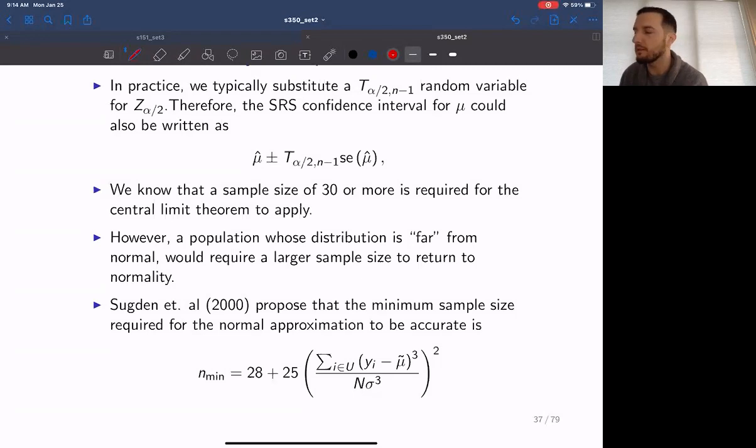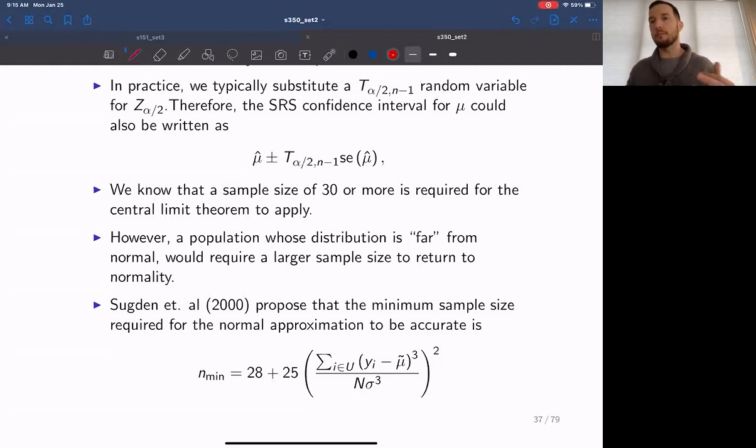Okay, so this is just a little bit of food for thought, that this rule of thumb that we teach for the central limit theorem is really meant to be taken with a grain of salt. And you can run different studies and show that for different shaped population distributions, you require varying sample sizes in order to return to normality.